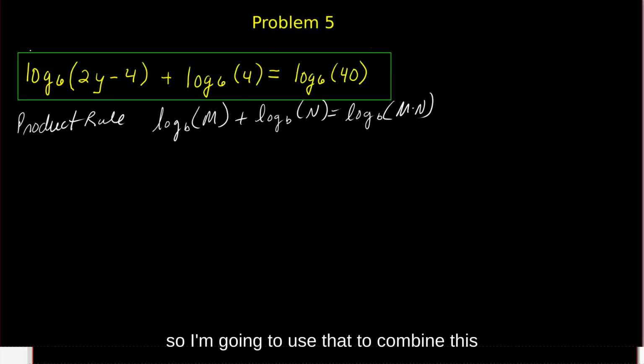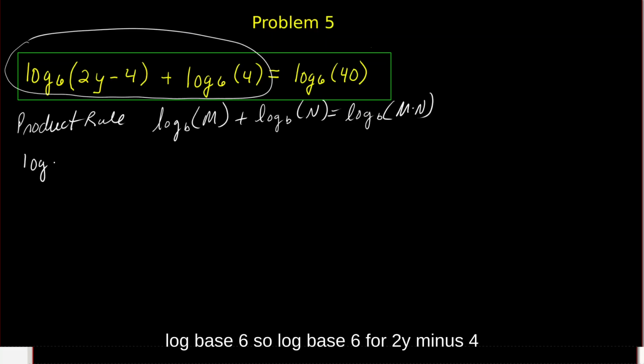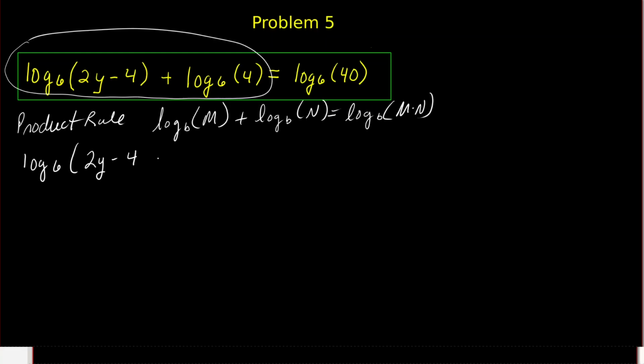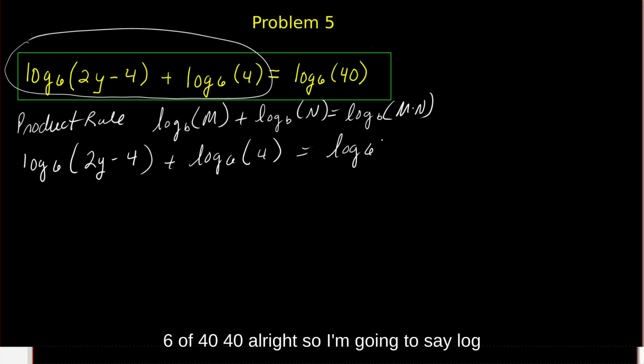All right, so I'm going to use that to combine this portion. So log base 6 of 2y minus 4 plus log base 6 of 4 equals the log base 6 of 40.